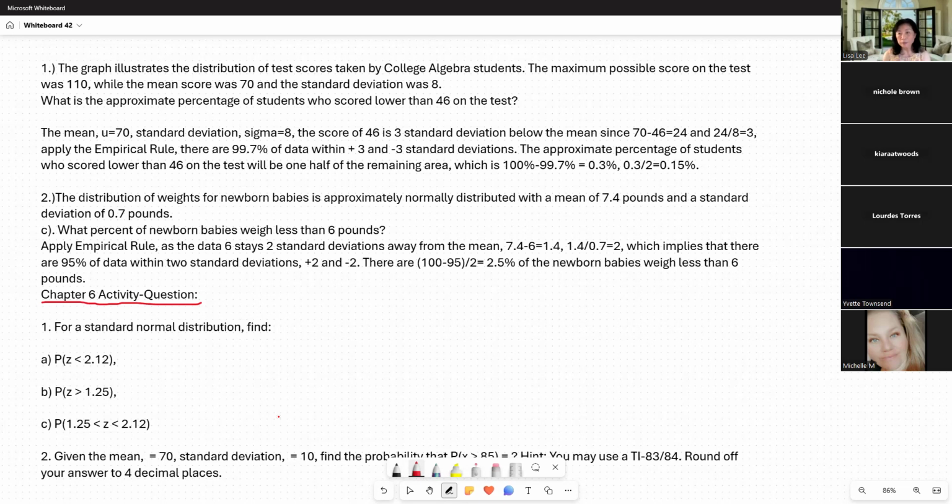But now we have an even better calculator, the TI-84 Plus CE, the newest one, about 5 years on the market now. So you can just use a calculator to answer this question without looking at the table. I want to share this with you and show you how to use technology.